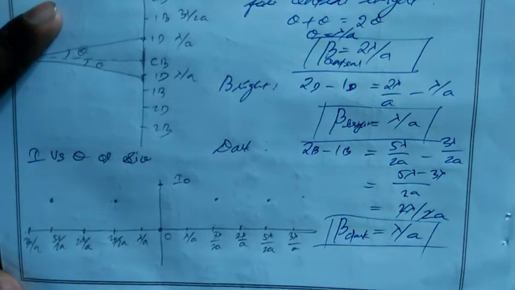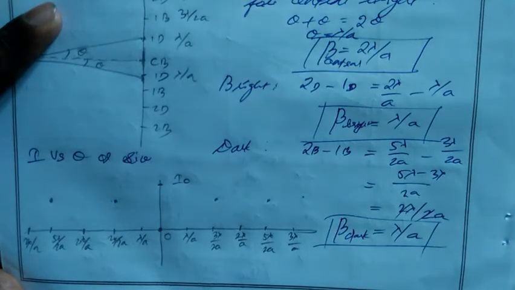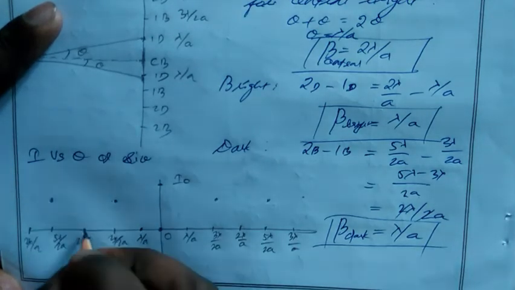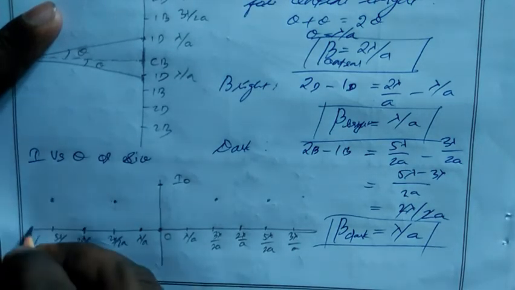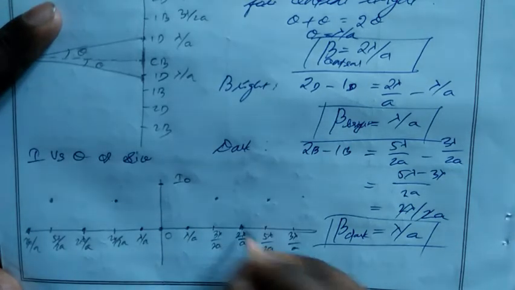Then the dark fringe. I mean, the dark fringe has width, but the brightness is very low, so we can take less brightness for dark. Similarly here also the dark value will be on the axis.